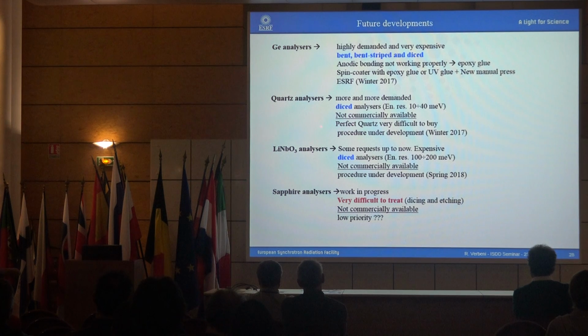It's particularly difficult to buy quartz. I found it very, very difficult. Most of the producers are in Japan, and it's very difficult to communicate with them. Anyway, I have some samples, I have blades, I have everything. I hope to start the procedure and to have something measurable for winter 2017 as well.